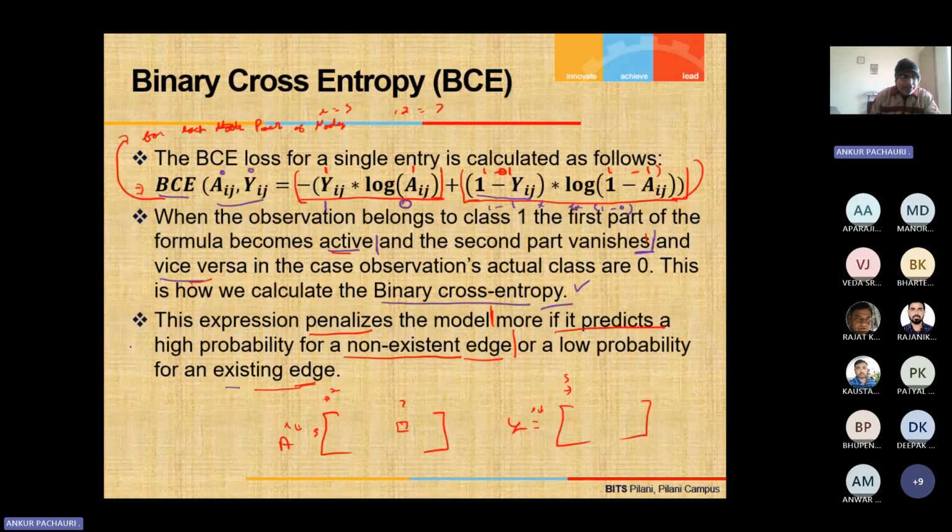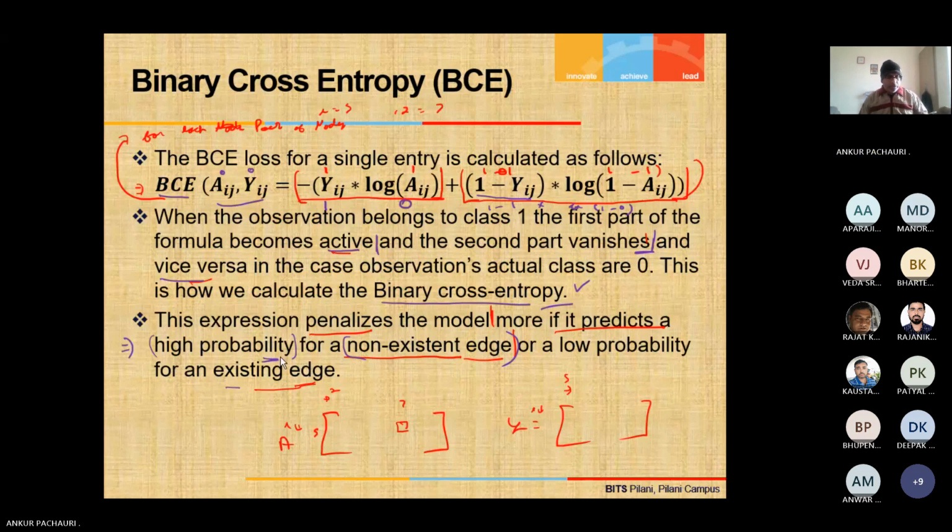Means the penalty function should be more if you predict that there should be an edge between those two nodes, but in the actual graph the edge doesn't exist. So high probability for a non-existing edge: there is no edge in the actual graph, but the model predicts that there is an edge. That's again a penalizing function.